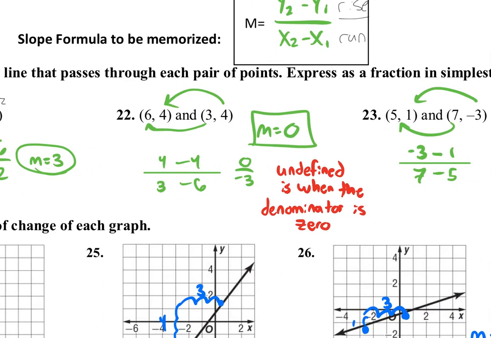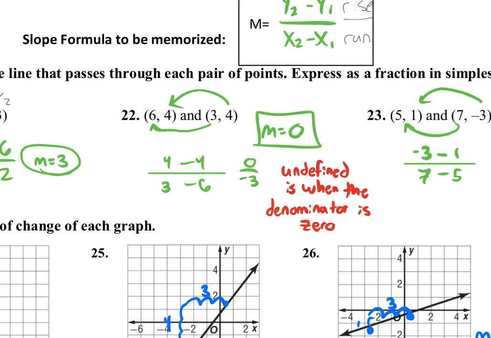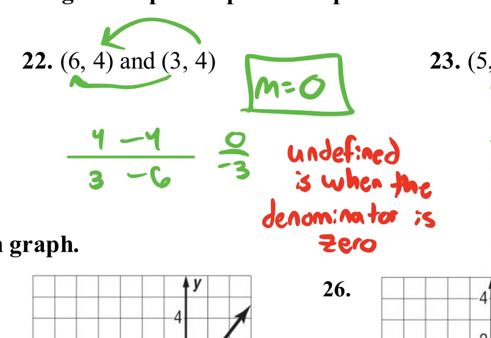When I do the slope formula for number 22, you'll see here that I get the slope is equal to 0. You might say, well, hey, I got this, 0 over negative 3. Why isn't it undefined? An undefined slope is when the denominator is 0.